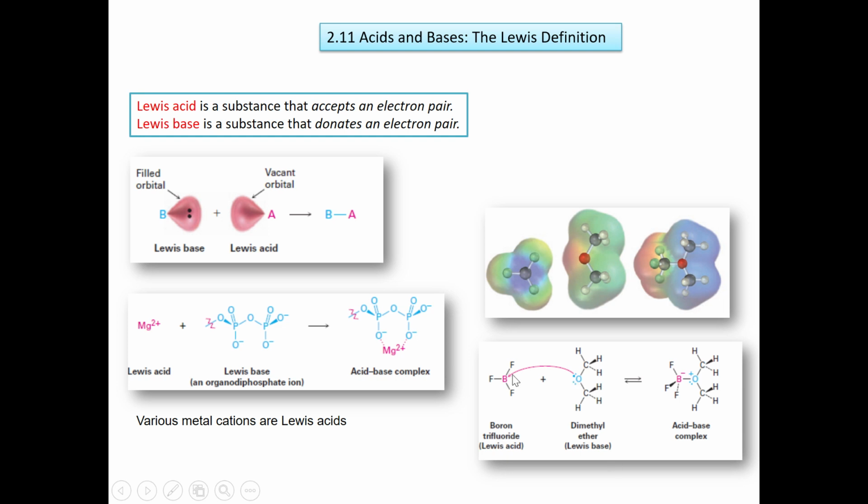This free orbital of the boron can react, for example, with one of the full orbitals of the oxygen of this dimethyl ether. In this dimethyl ether, the oxygen has two orbitals that are full of electrons. And we can generate this acid-base complex.